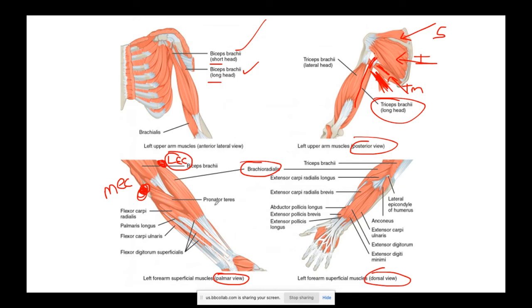And these muscles here, like the pronator teres, flexor carpi radialis, palmaris longus, and flexor carpi ulnaris, those are all going to have a common origin on the medial epicondyle, which is the medial part of the humerus. And clinically, these are important because you have people that get golfer's elbow.